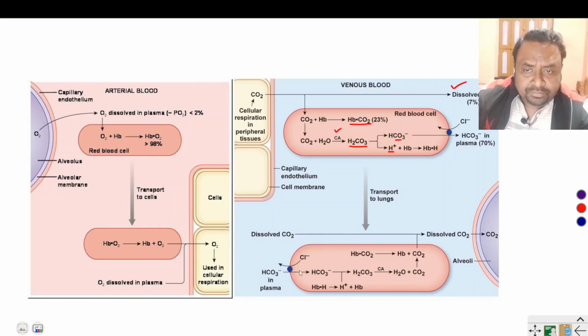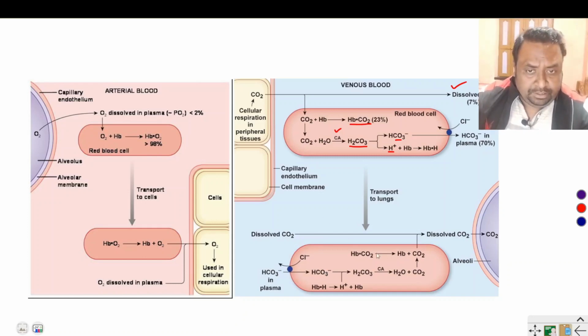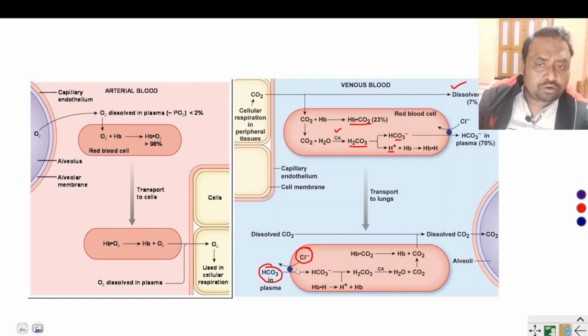Again in the blood plasma, this CO2 combines with the water in plasma and produces HCO3. This HCO3 again enters the RBC in exchange for chloride. Clear? This is called the chloride shift.